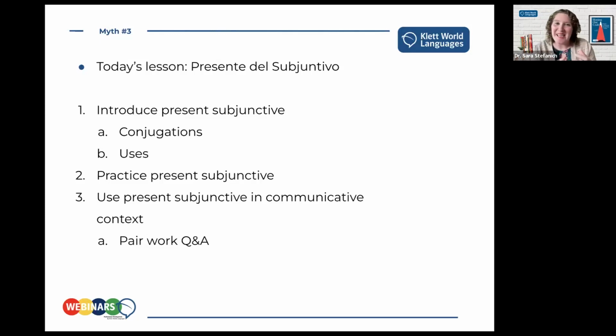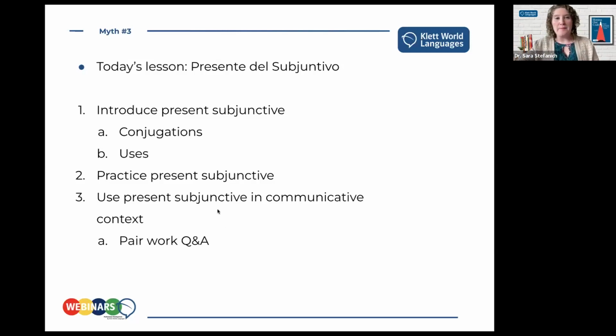Yes, that is intended, because I think that is tied into this idea that students learn what we teach them, so therefore we have to teach them. But as we've seen, particularly when it comes to grammar, what research shows is it doesn't work that way.